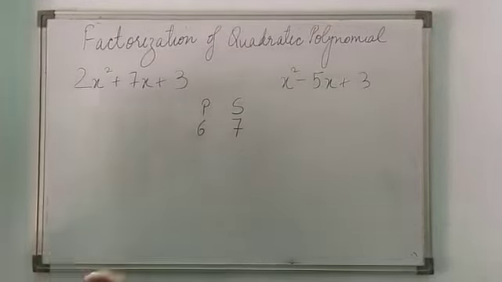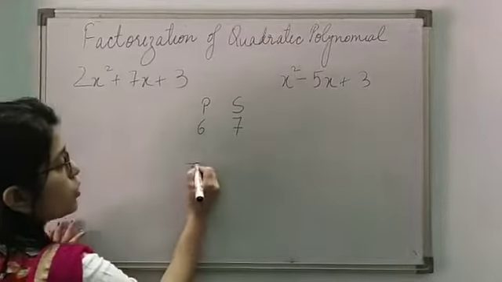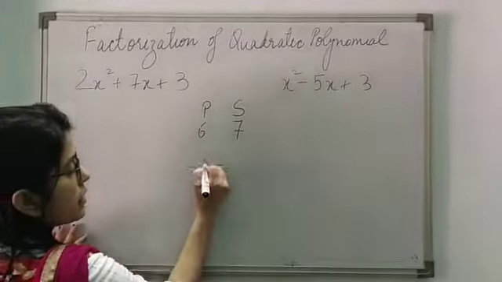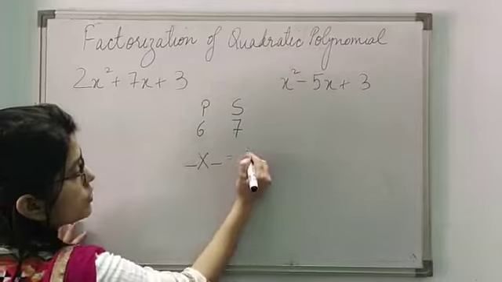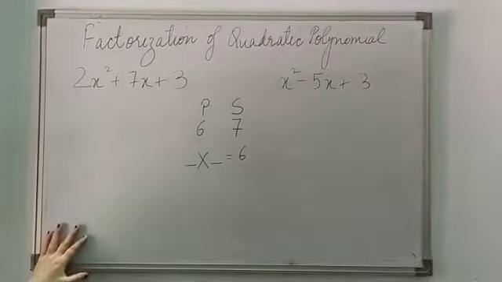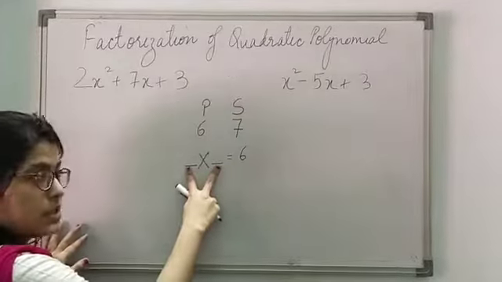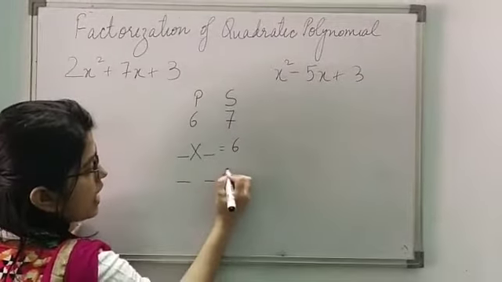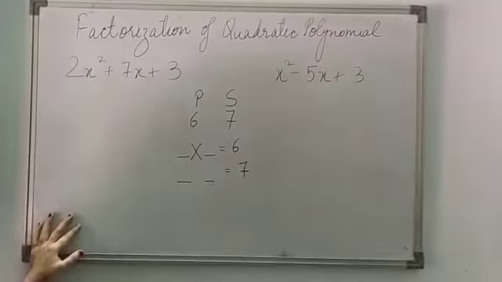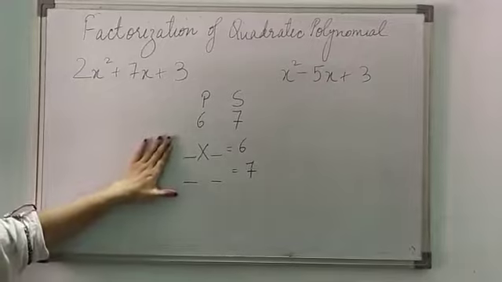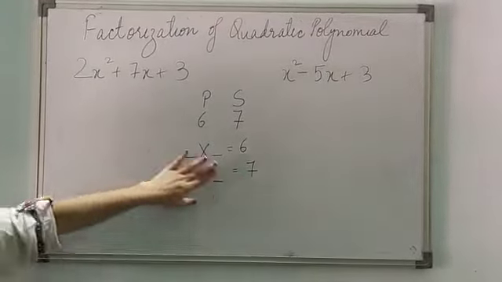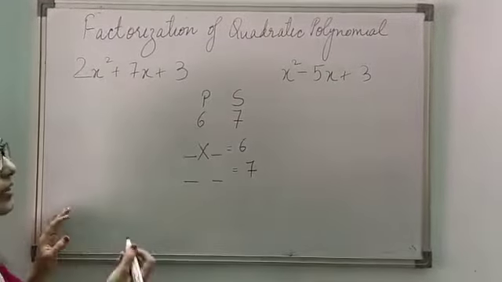Now we have to think of two numbers whose multiplication should give 6, and when we add or subtract the same numbers we should get 7. So if I want 6, what options can there be?